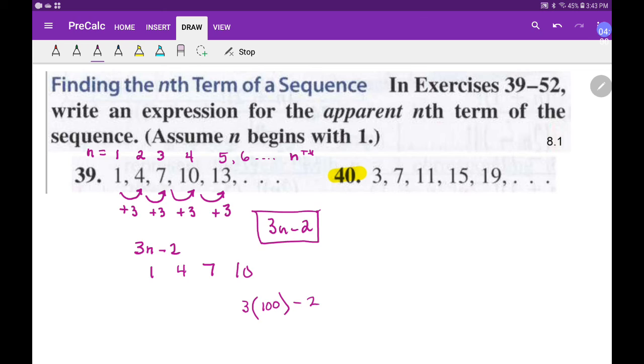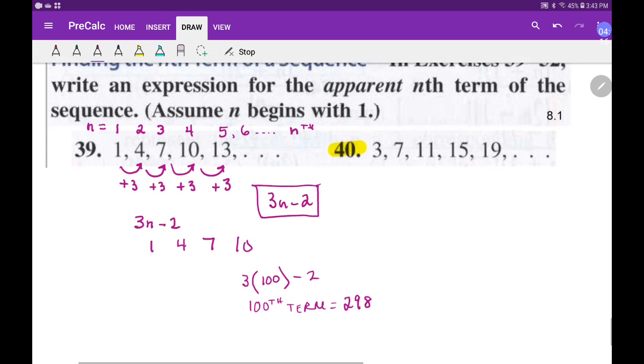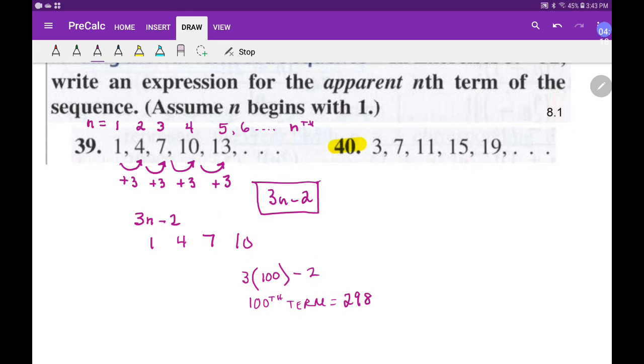If it was the 100th term, that's what it would be. So the 100th term is equal to 298. Or whatever term you'd like to find, once we know the formula. All right? So play around with that and see what you can do for 40.